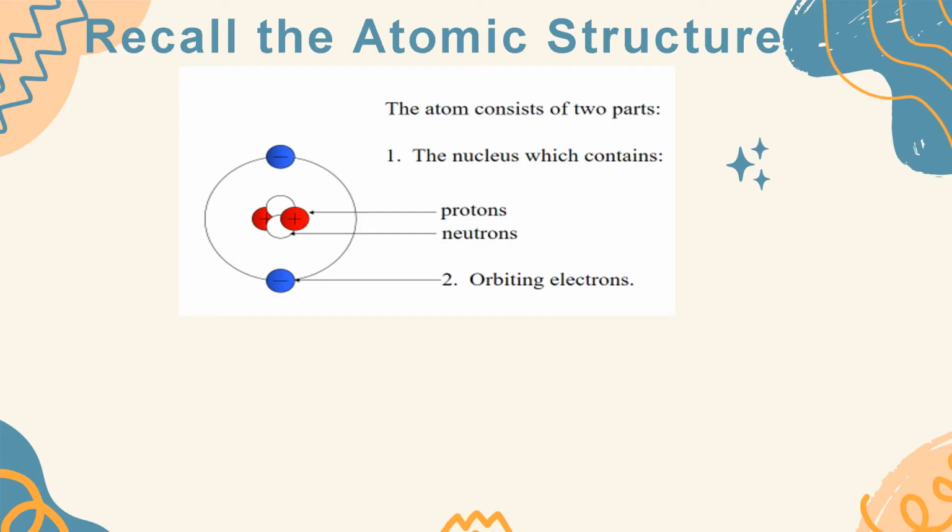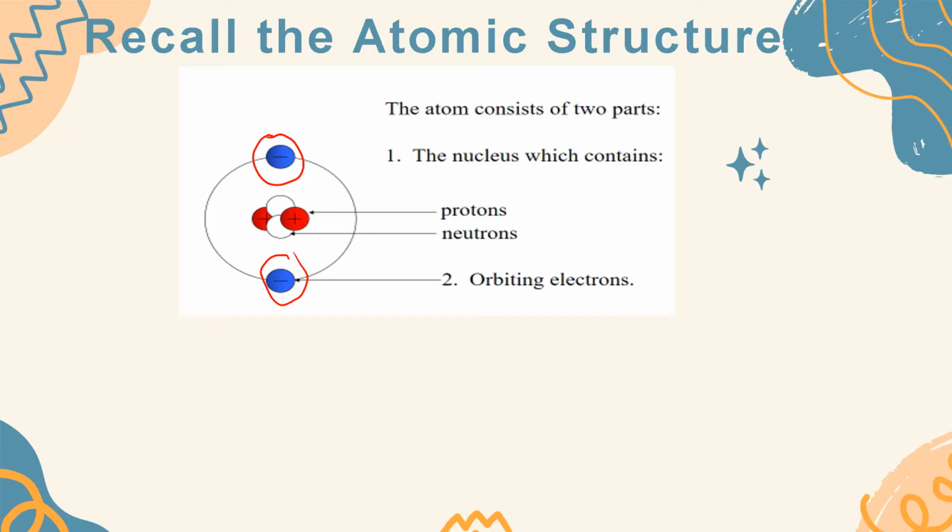We have talked about in electrochemistry that it is more about removing and adding electrons. If we eliminate electrons in an atom, it changes its charge. So in electrochemistry, we balance the charge. We do not touch the protons and neutrons, the nucleus.